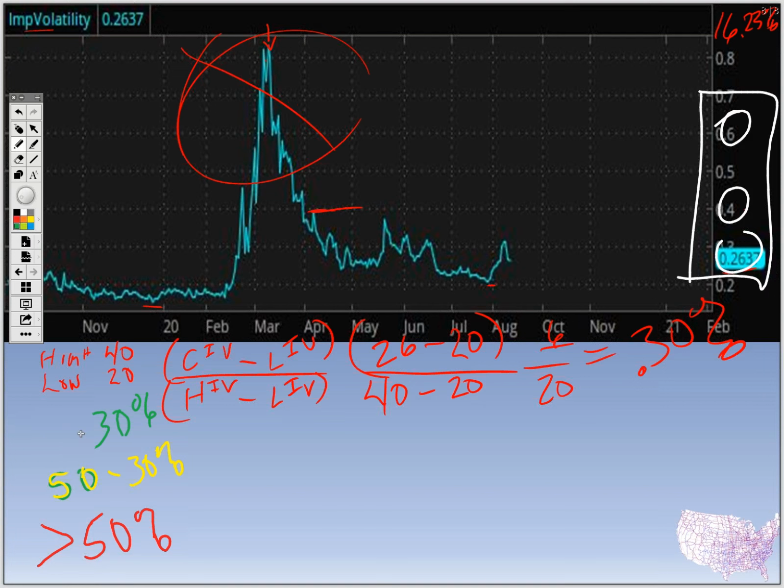This is for the buy side. So less than 30% is a green light for buying. 50 to 30% you can think of as about a yellow light. And greater than 50% for buying is a red light.